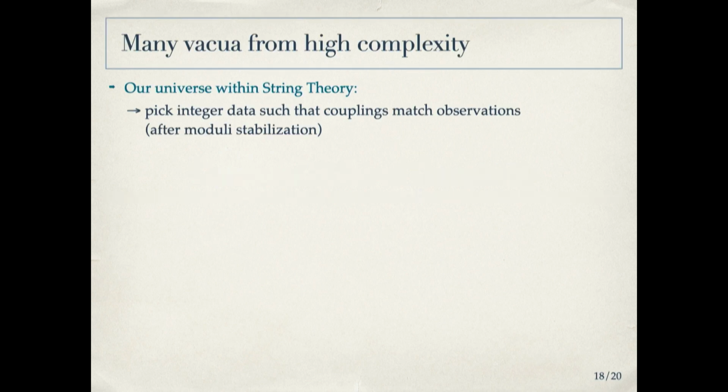So now let me conclude from these specific examples with some general final remarks. The curse and virtue of complexity. Our universe within string theory requires us to pick integer data to fix couplings to match observations. That's after moduli stabilization, that's almost always what we have to do.